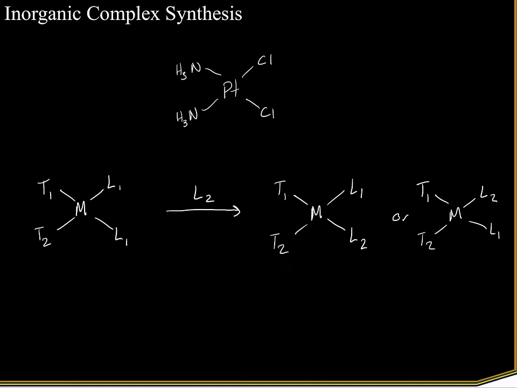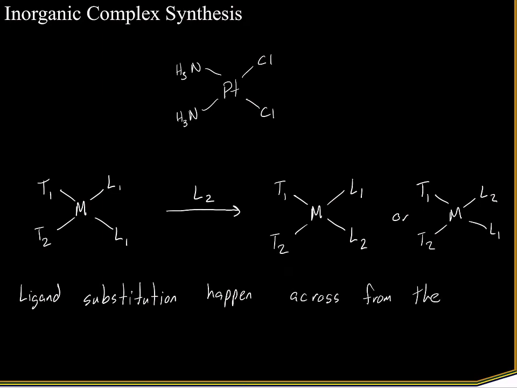And there's another series here of ligands that we can look up, and it has a very circular definition. And these are trans-directing ligands. And so ligand substitutions for these square planar transition metal complexes happen across from the stronger trans-directing ligand.